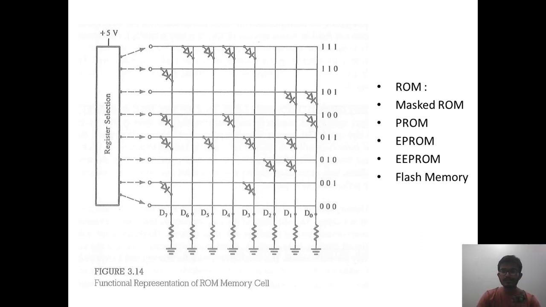The other one is EPROM, which is also called erasable programmable ROM. This memory stores a bit by changing the floating gate of a field effect transistor. Information is stored by using an EPROM programmer, which applies a high voltage to change the gate. All the information can be erased by exposing the chip to ultraviolet light through its quartz window, and the chip can be reprogrammed.